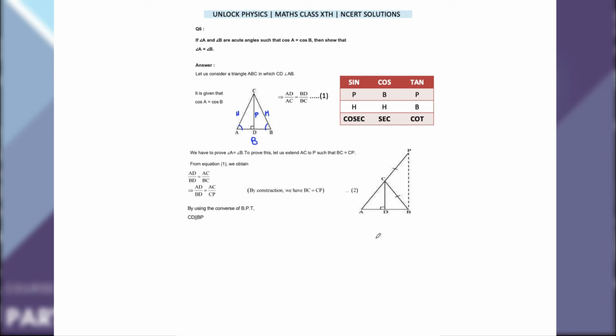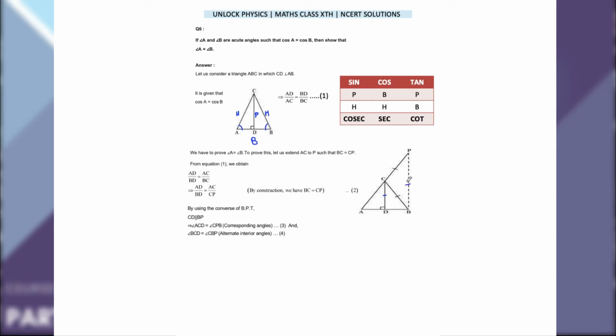So by using the converse of BPT, we know that CD is parallel to BP. Now in the triangle, angle ACD should be equal to angle CPB, corresponding angles, and angle BCD should be equal to angle CBP. So let us look at the angles that we are talking about. We know that side CD is parallel to BP.